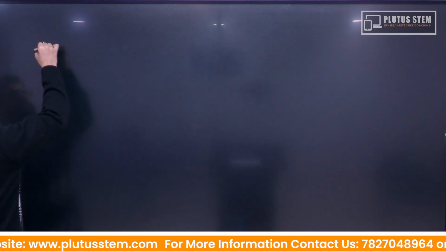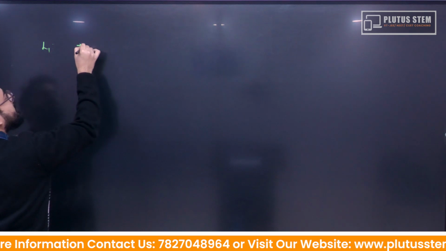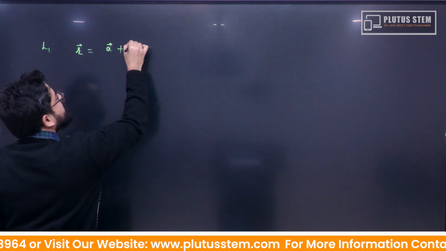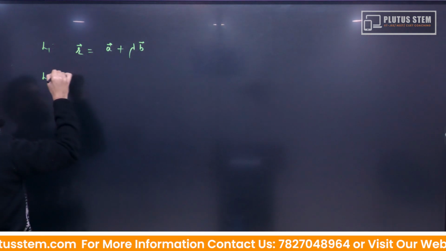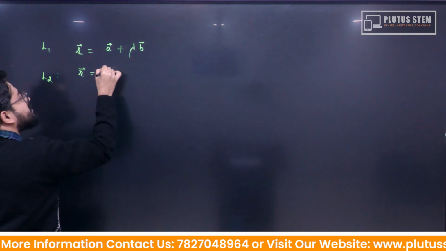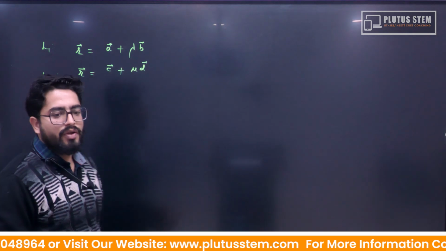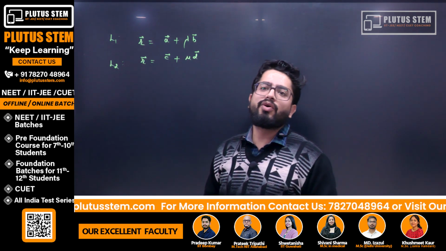Let's say we have one line, L1, which is R vector equal to A vector plus lambda times B vector, and the second line, L2, is R vector equal to C vector plus mu times D vector, where lambda and mu are the parameters.